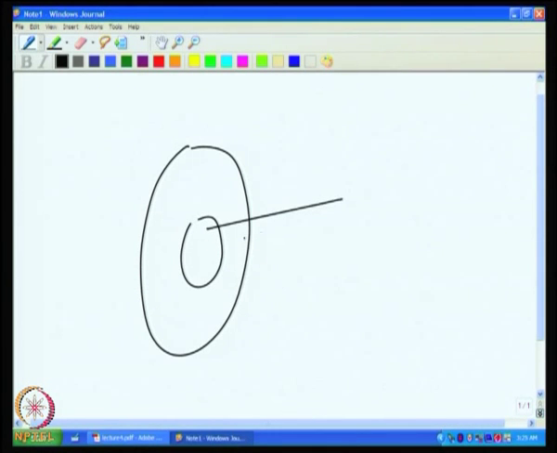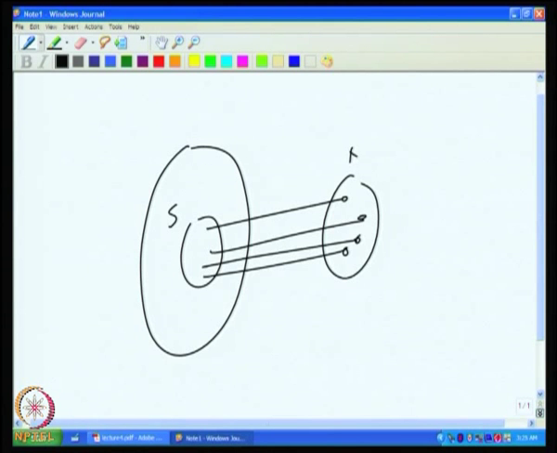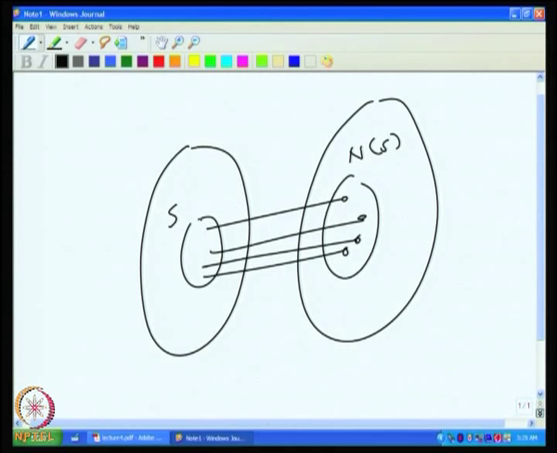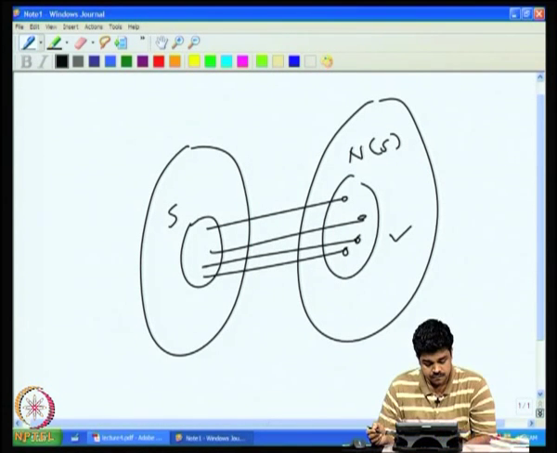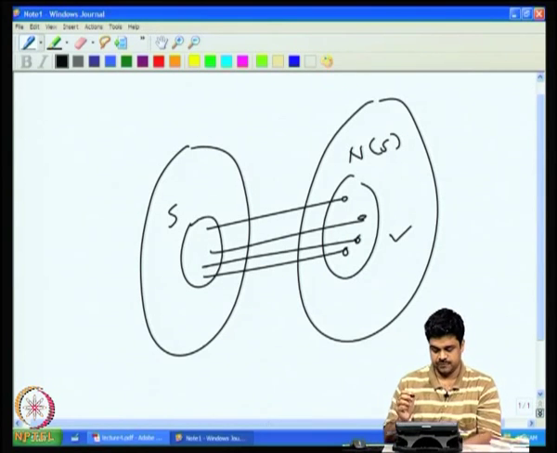This perfect matching will take each vertex of it to a distinct neighbor, and together the neighborhood has to be at least as much as the cardinality of S. Therefore, it is a necessary and sufficient condition. In other words, if a perfect matching is there in the bipartite graph, then Hall's condition will be satisfied. If the perfect matching is not there, it will not be satisfied. In other words, if it is satisfied, there will always be a perfect matching.